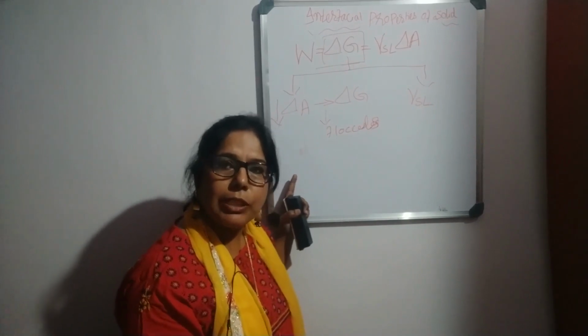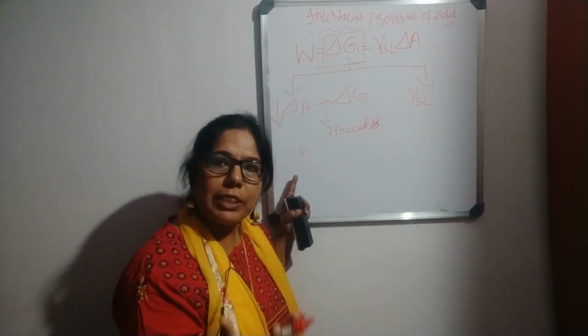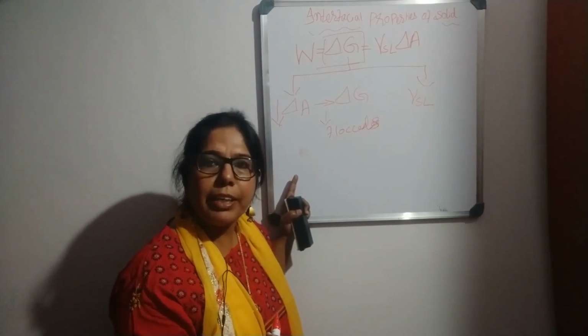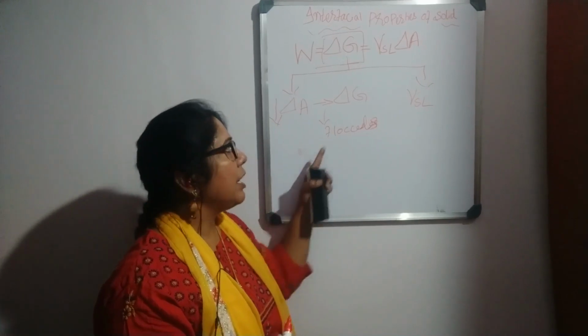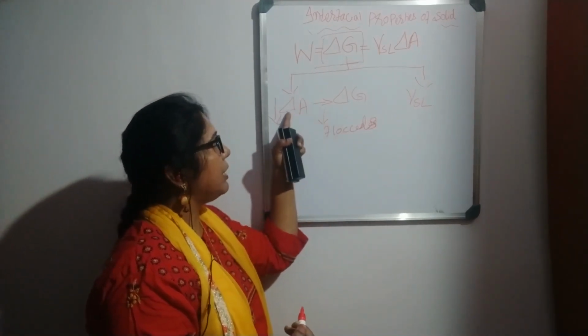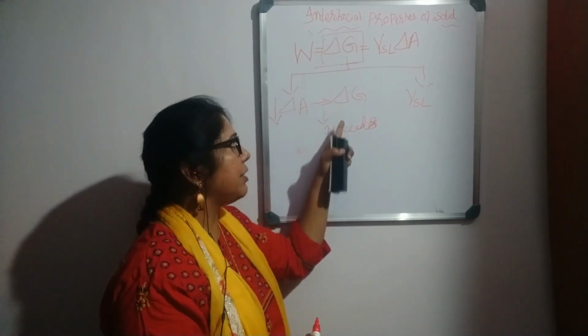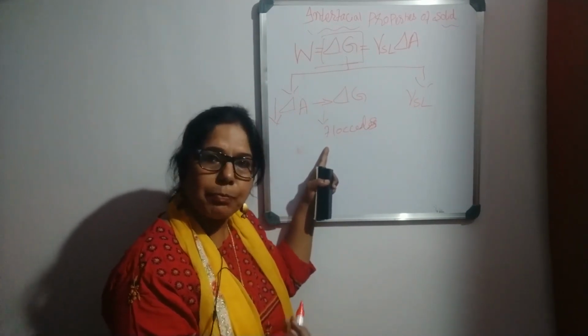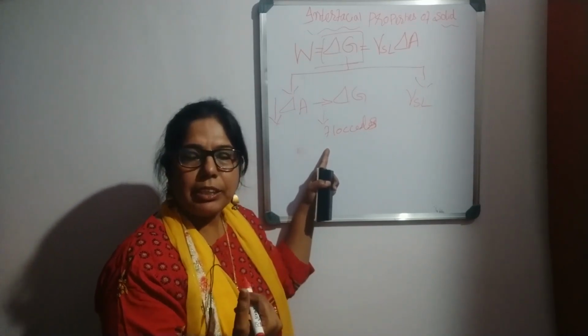If floccules form, it promotes sedimentation, which is again an undesirable property. So even though we are decreasing the surface free area and the surface free energy, floccules are forming and sedimentation is taking place.